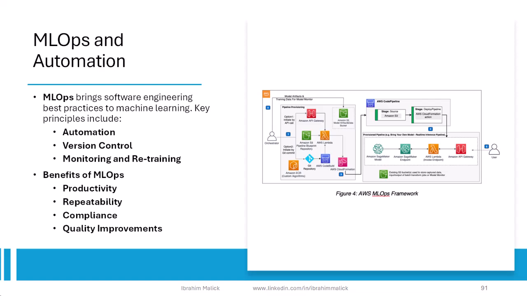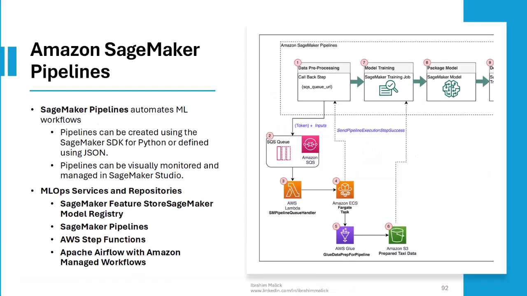Pipelines can be visually monitored and managed in SageMaker Studio. As I was saying, SageMaker automates workflows, deploys models for real time, tracks model lineage and artifacts, and provides a reproducible and auditable pipeline.